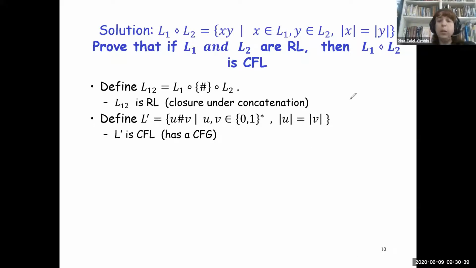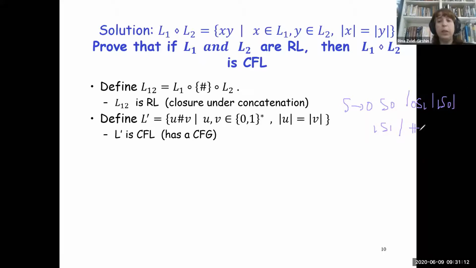But just to remind you, I can derive S as 0S0 or 0S1 or 1S0 or 1S1. So basically, for each letter that I add in the prefix, I add an additional letter in the suffix. And I can now derive a DS sign in the middle.